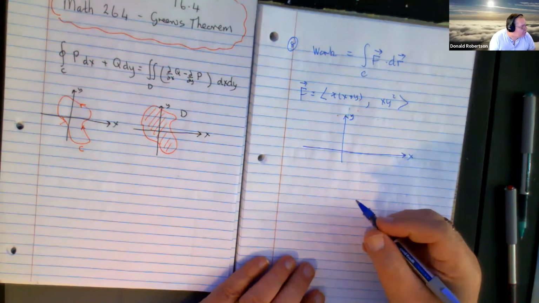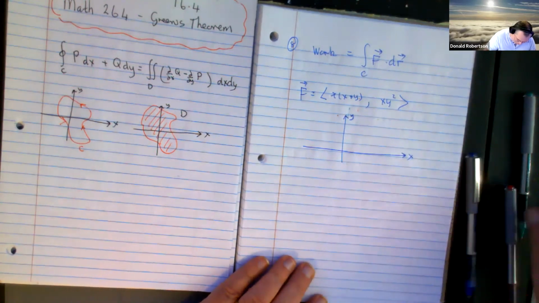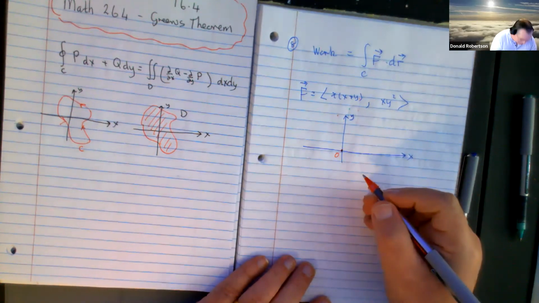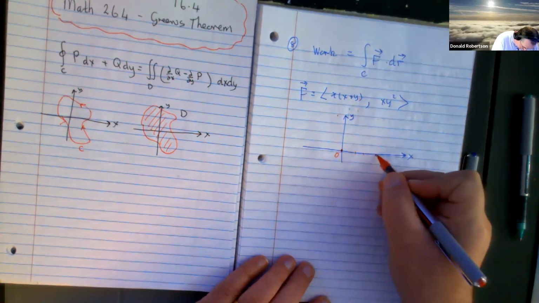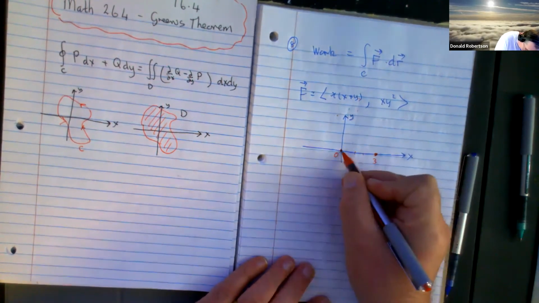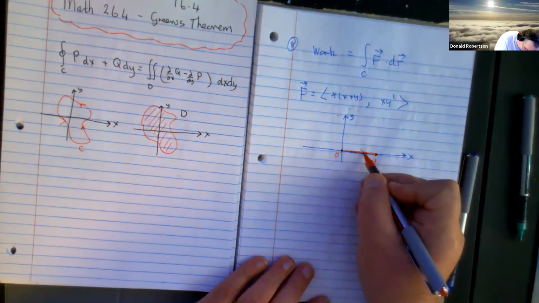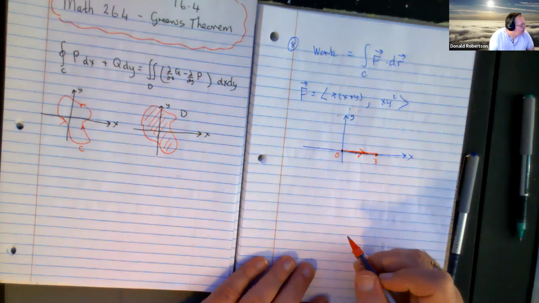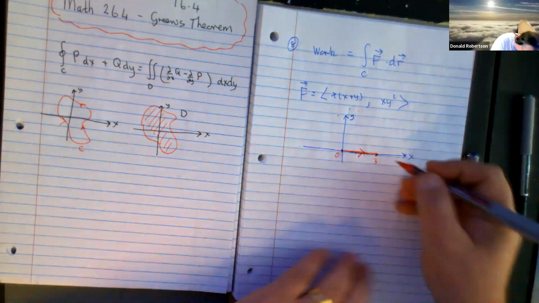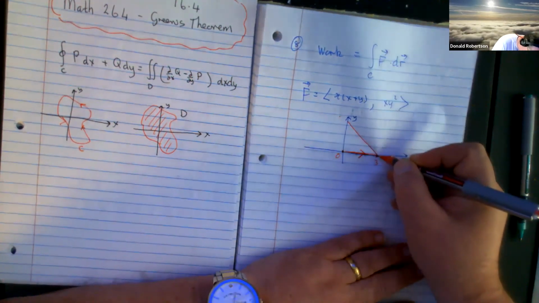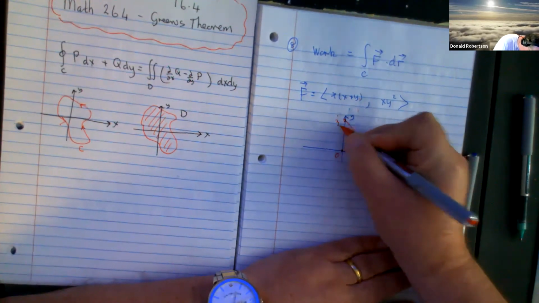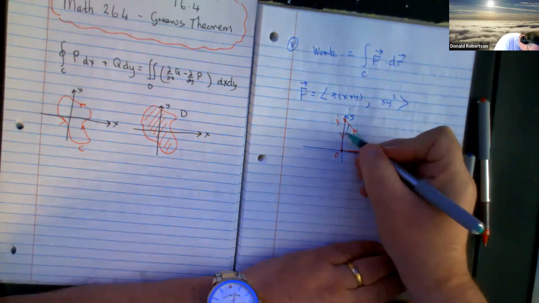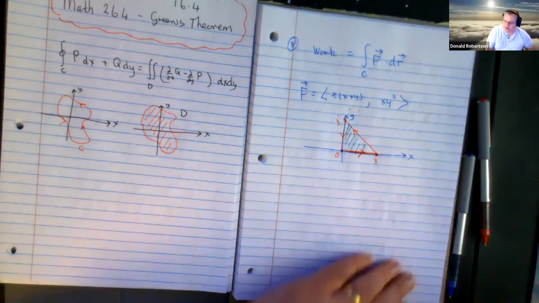It's moving a particle from the origin, which is here, and moving it to 3, 0, which is here. Then along the line segment to 0, 3, and then back home. Oh, that wasn't that bad, was it? It was just a triangle after all.